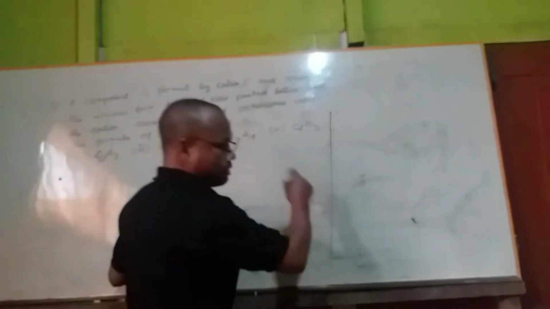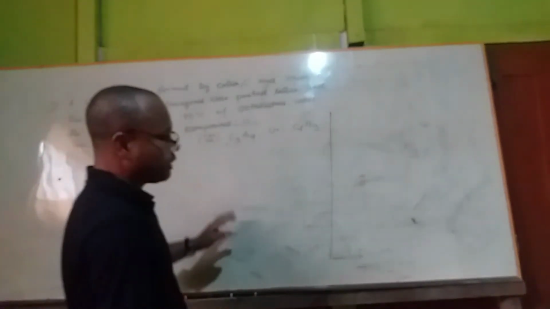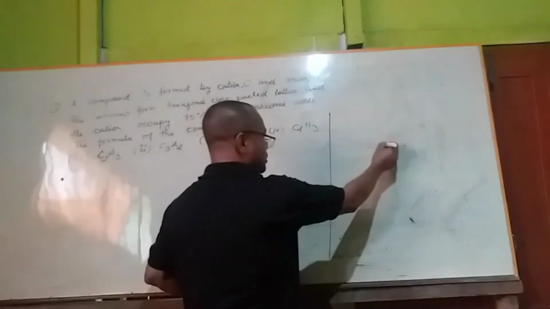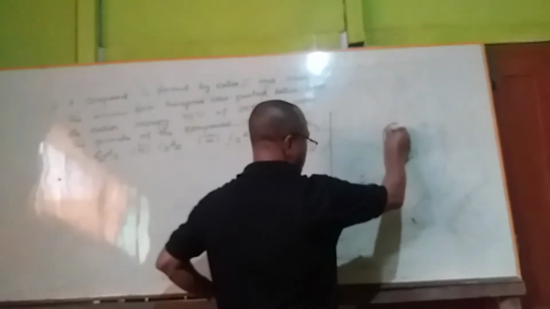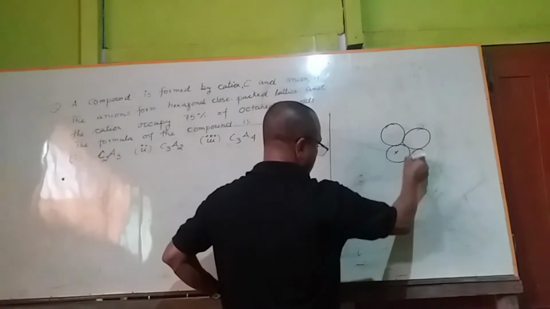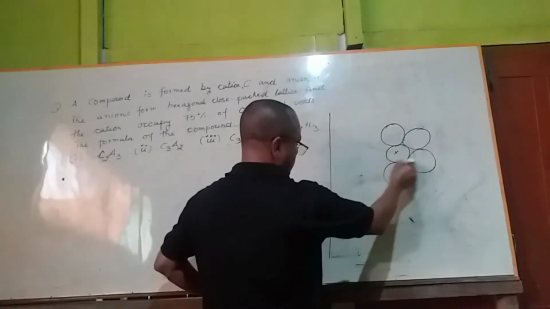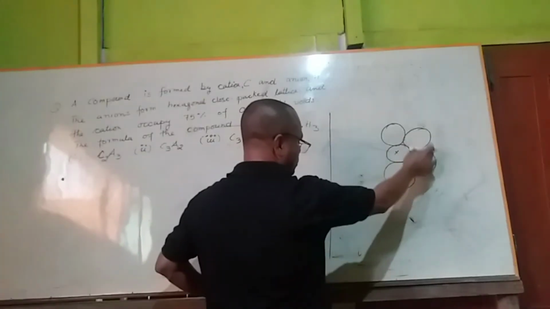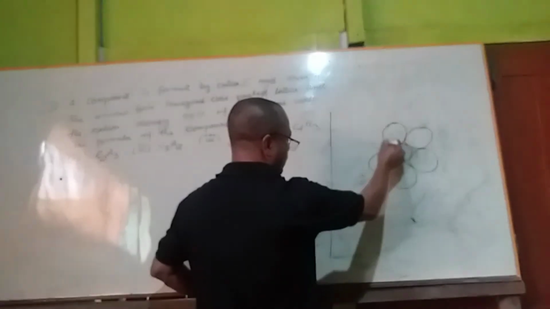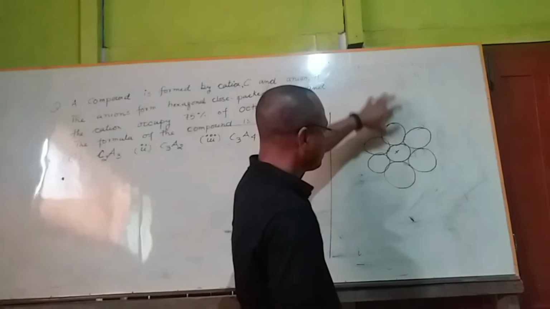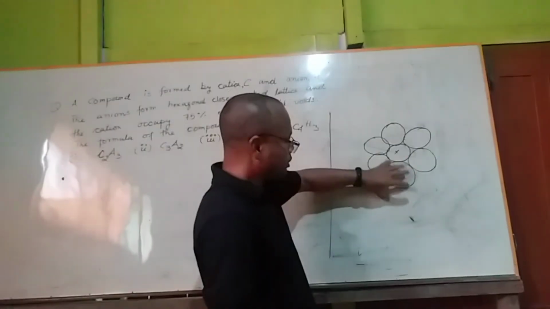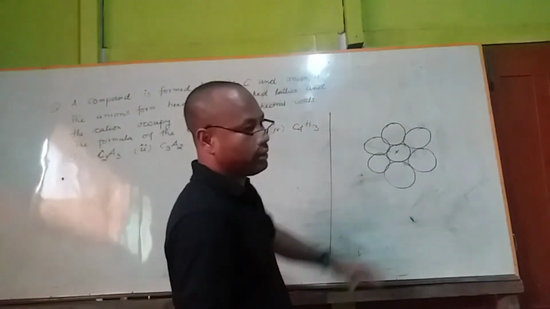Let me give simple hints here. In the hexagonal close packed structure, as I showed you, this is an atom, and 6 other atoms surround it in the same layer: 1, 2, 3, 4, 5, another 6 spheres. Above this layer there are 3 more spheres, and 3 more spheres just below it, right?